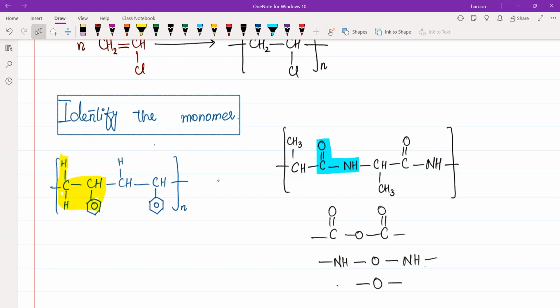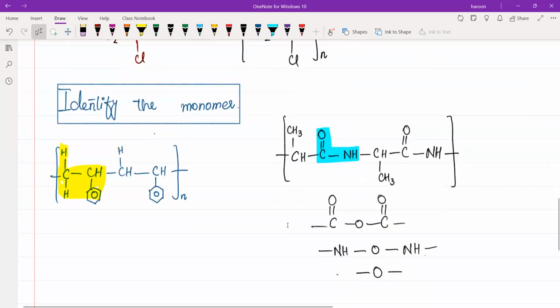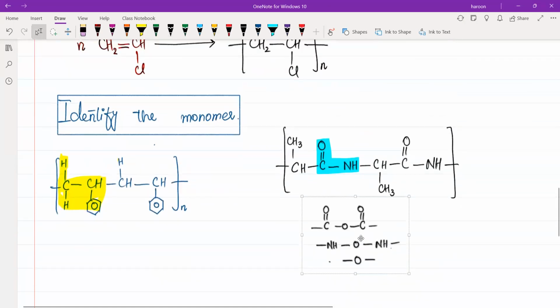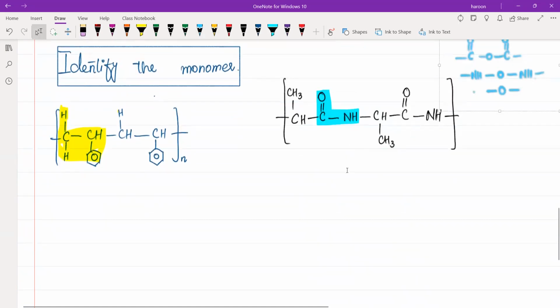So we have to break the bond. Okay, let's see from where we'll break the bond. We'll have to break the bond here and then break the bond here.